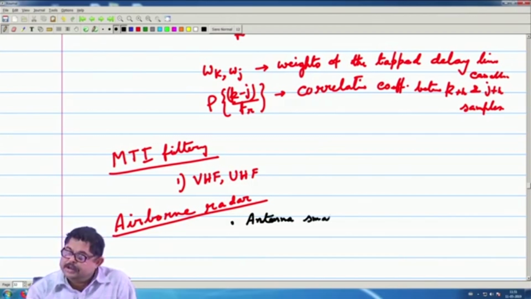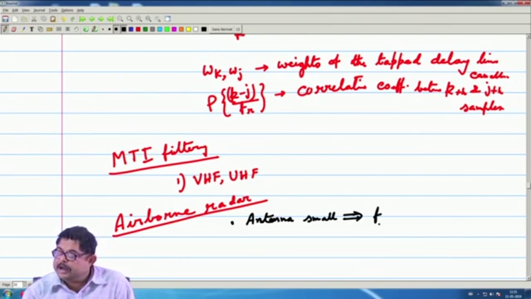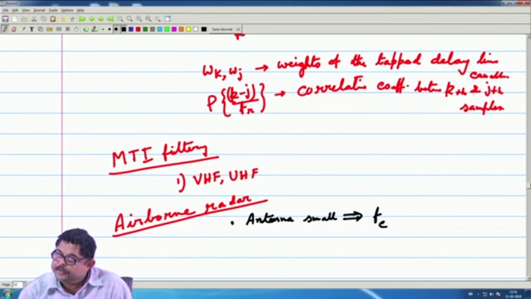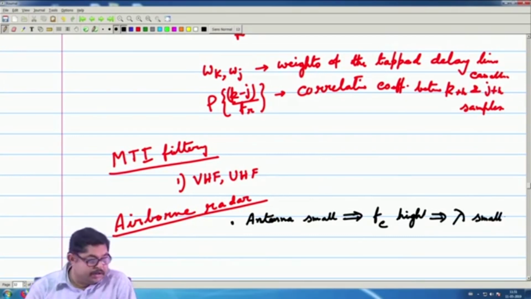A small antenna implies that the radar should have a high carrier frequency, FC high, that means its lambda is small.